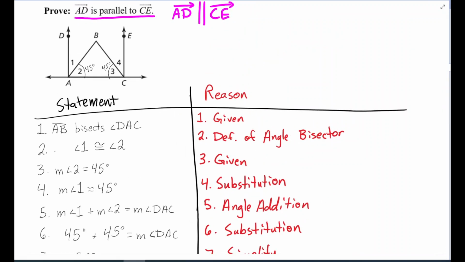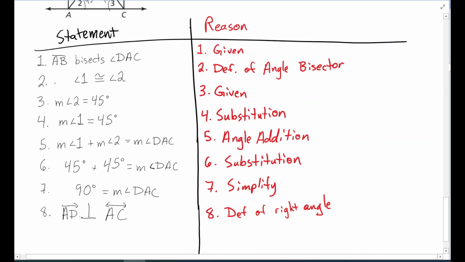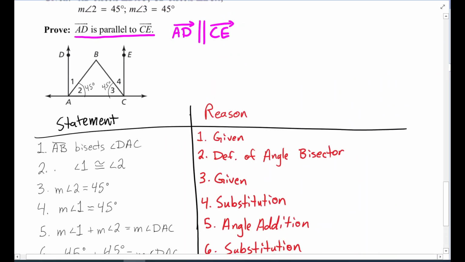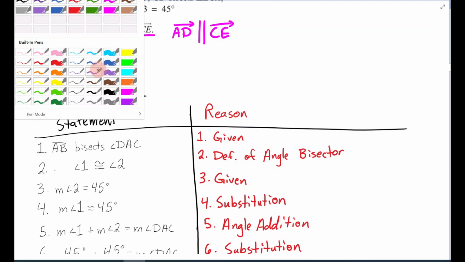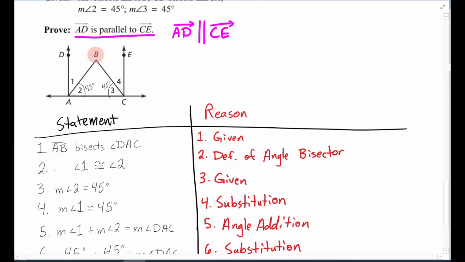Now we have to do the same thing to show that CE is perpendicular to AC. Okay? Now we could do all of these steps again. But what I want us to see here is that we do have a sort of symmetry across this.